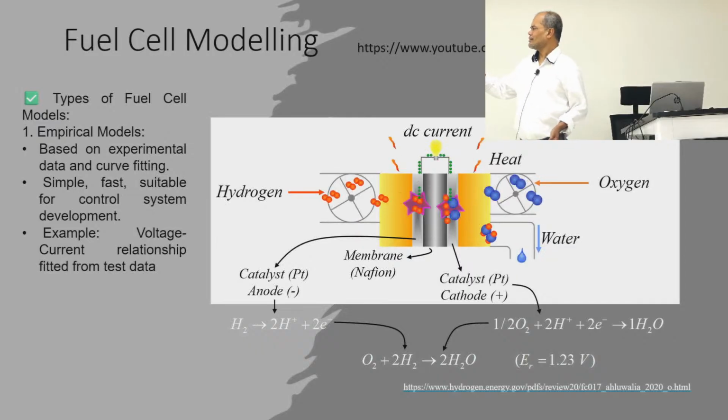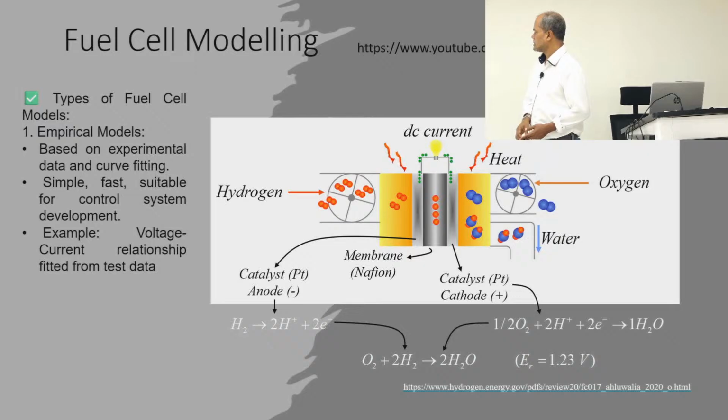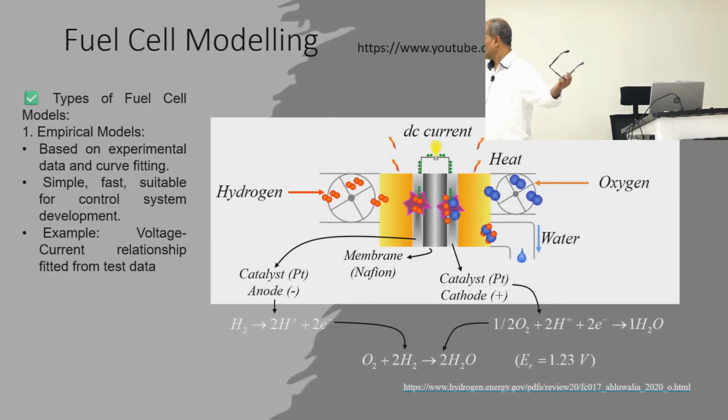So, when I say the model, it is mainly the voltage current relationship from your test data, but we do not use any physical model or electrical equivalent circuit model.